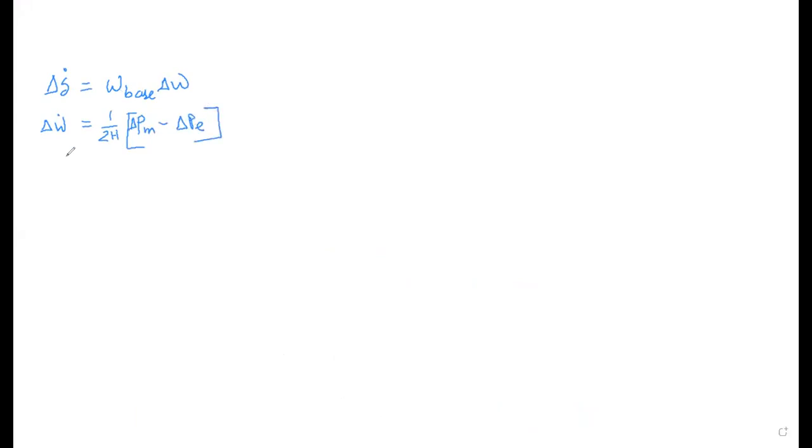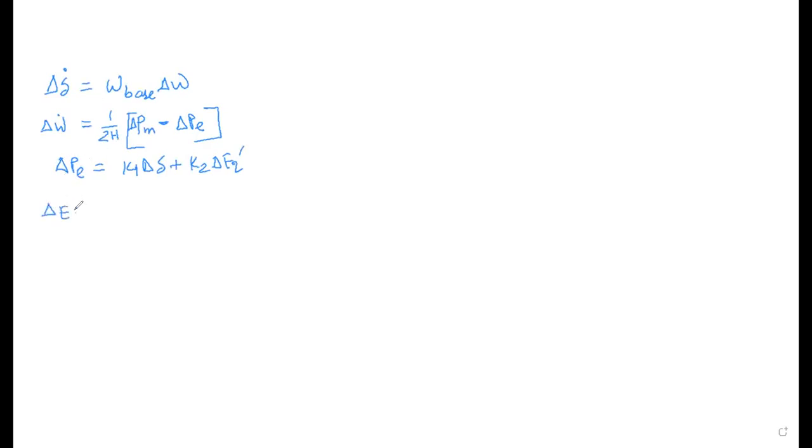Of course, del PE is nothing but K1 del delta plus K2 del Eq prime. We are not actually considering any P damping, so there is no D del omega. That is ignored for the design purpose of PSS.